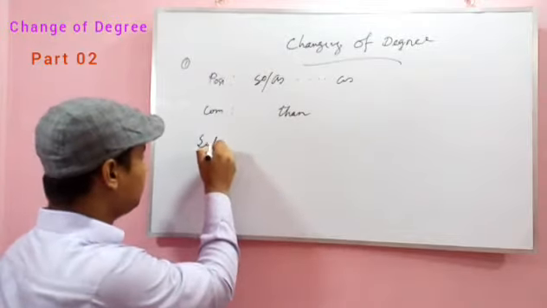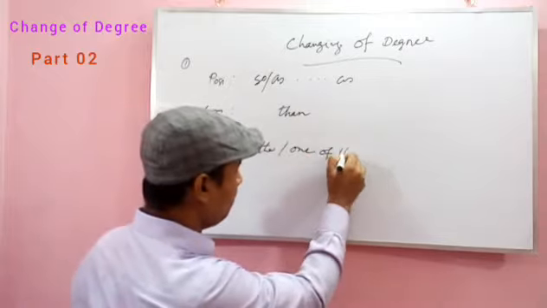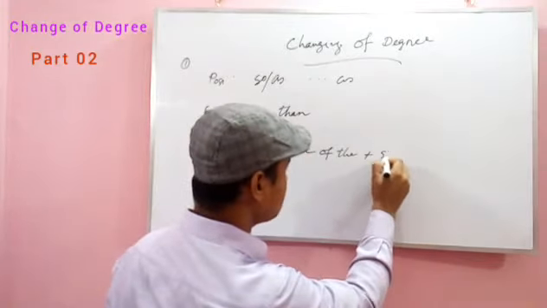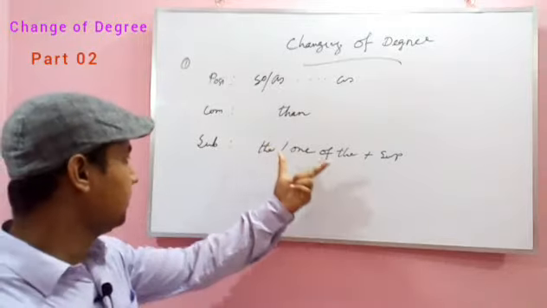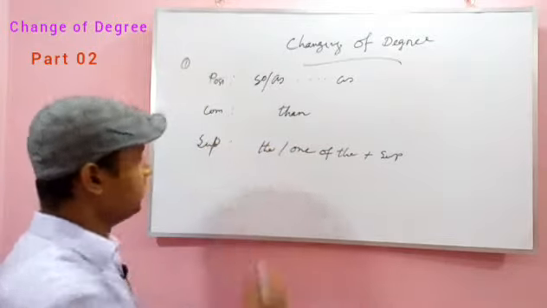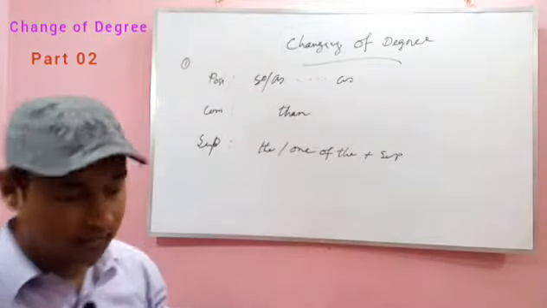Then superlative, when you find the, or one of the plus superlative form, it is a superlative degree. Okay, now I will give an example.